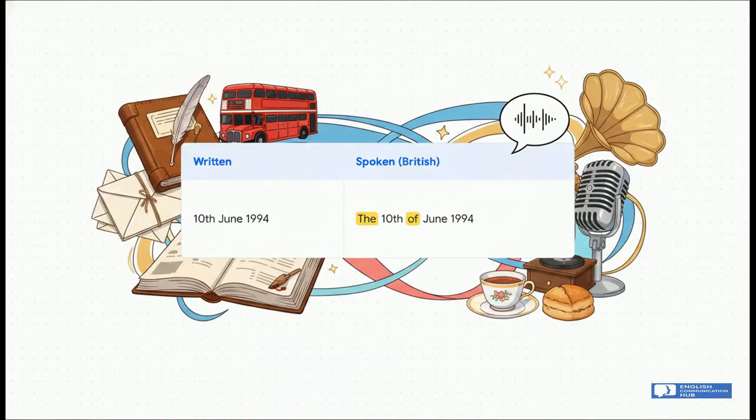Okay, check this out. We write 10th June 1994, but we would say my birthday is on the 10th of June 1994. If you just say 10th June out loud, it can sound a little bit robotic, but adding that invisible the and of, it makes it sound completely natural, like you've been saying it your whole life.